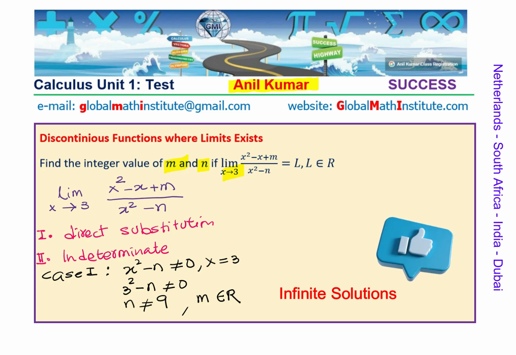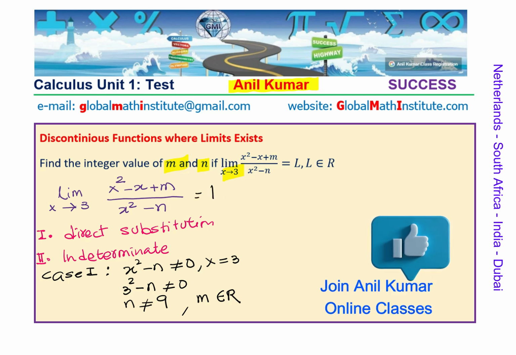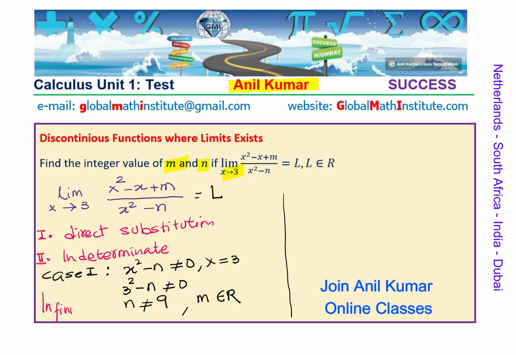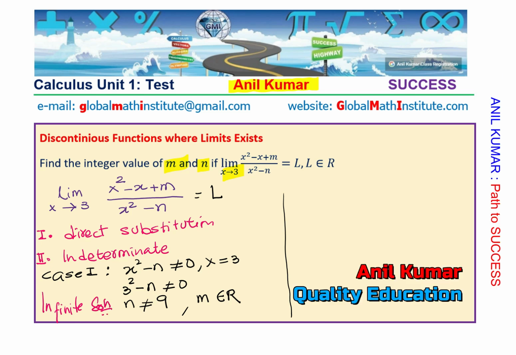Do you understand? If I say this is possible and if it is L, in that case, we have one set which we will say is infinite solutions. Do you agree with me? That is a combination of n and m. For n not equal to 9, it can be anything.